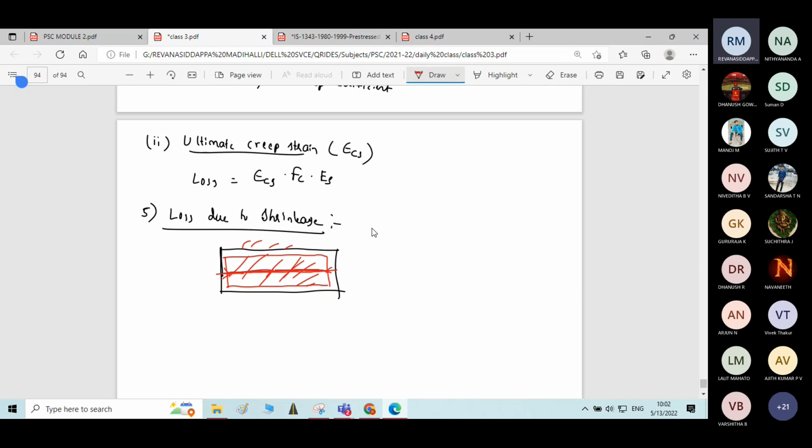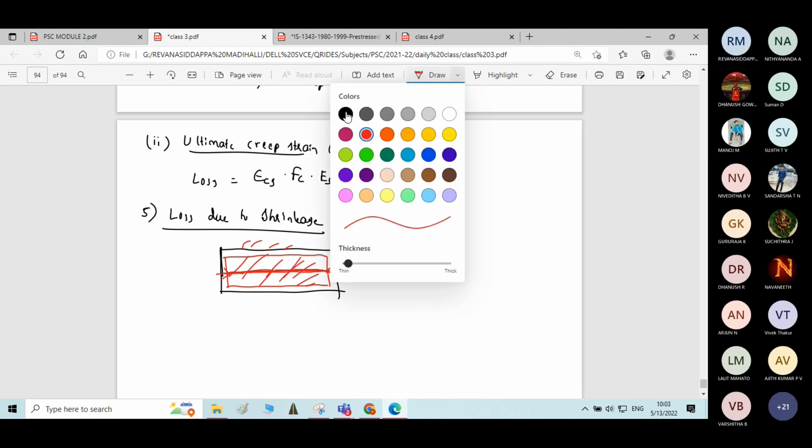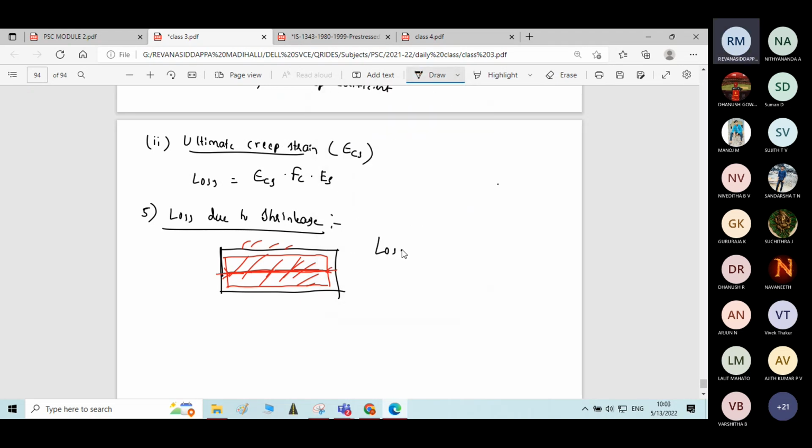The loss due to shrinkage is calculated depending upon the type of member, whether it is a pre-tensioned member or a post-tensioned member. The loss due to shrinkage is calculated as the product of shrinkage strain into Young's modulus of steel, Es, in Newton per mm square.